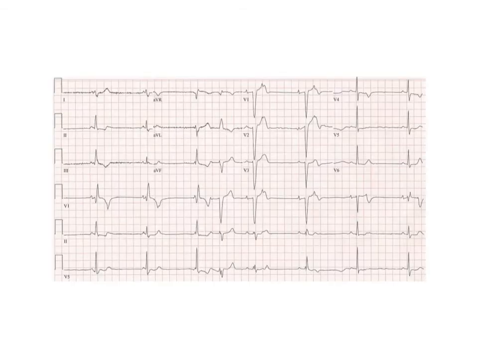Now, when you go to the doctor and they order a real EKG on you, this is what you get. You get a 12-lead EKG, which allows the doctor to look at different areas of the heart and their electrical activity.